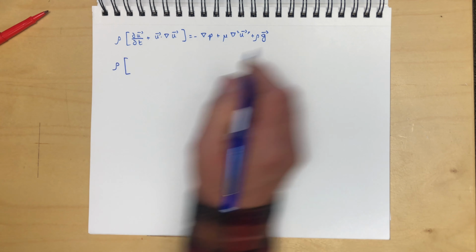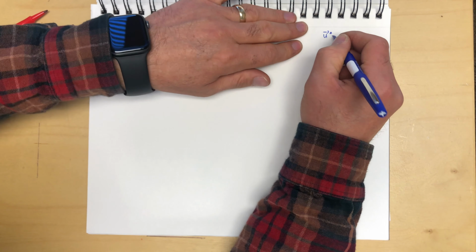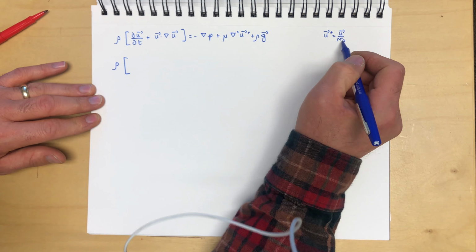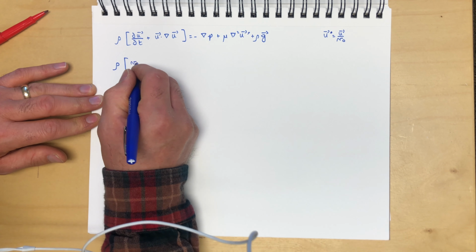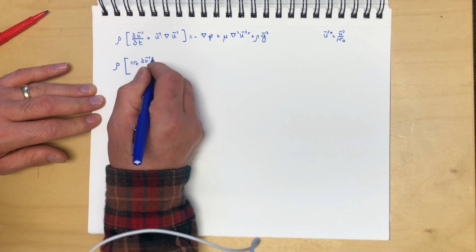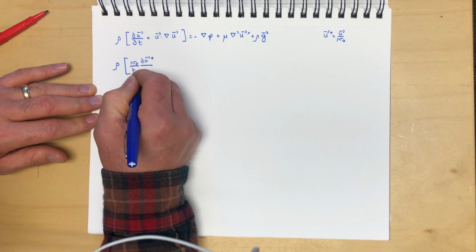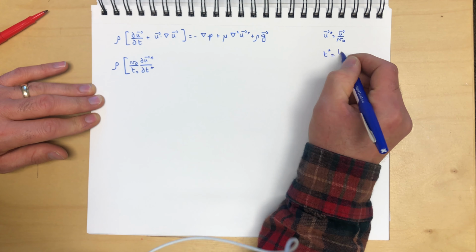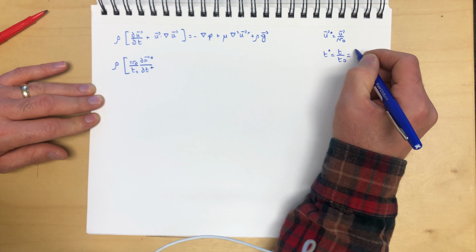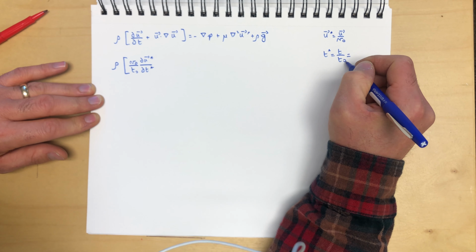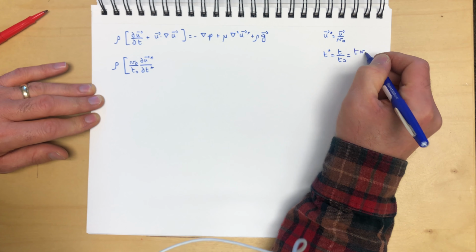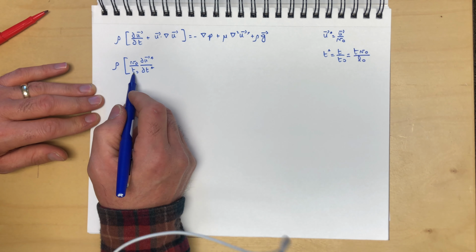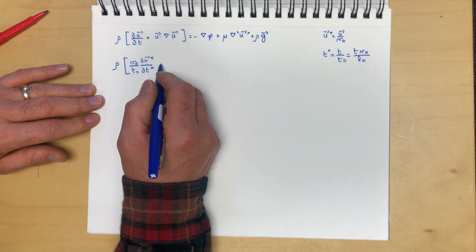Remember that u star was equal to u over V0, and so we have u equal to V0 u star. So we get V0 du star over T0 dt star, because t star was equal to t over T0, but T0 was equal to L0 over V0, so that gives us t V0 over L0. In other words, we can substitute T0 over here. We'll do that in a second.